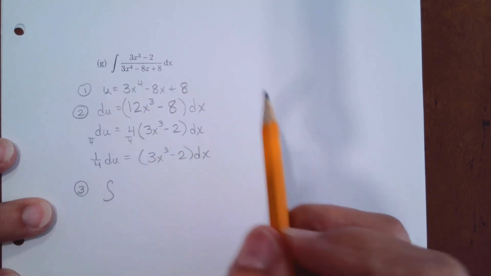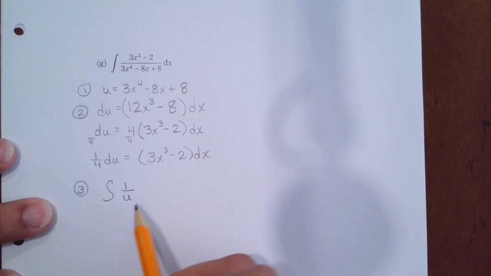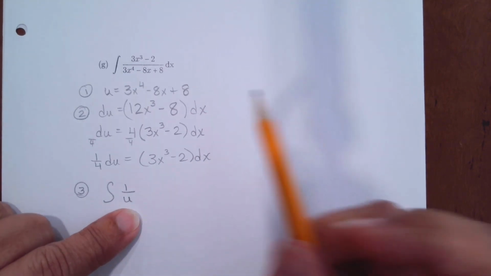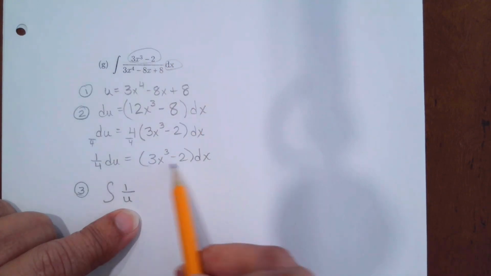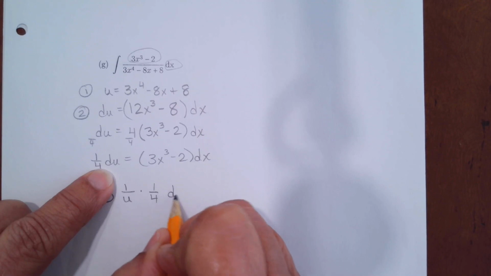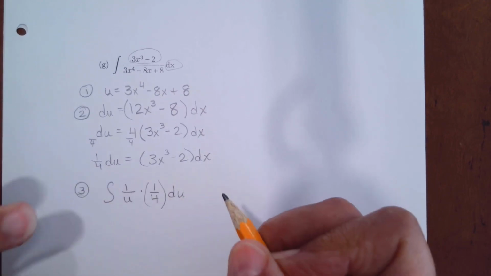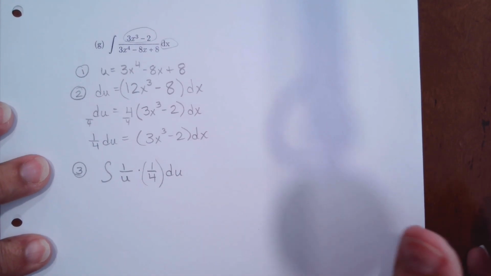The bottom is u, and then this is 1/4 du. Remember, I try to always keep the constants separate because those come out front before you integrate.